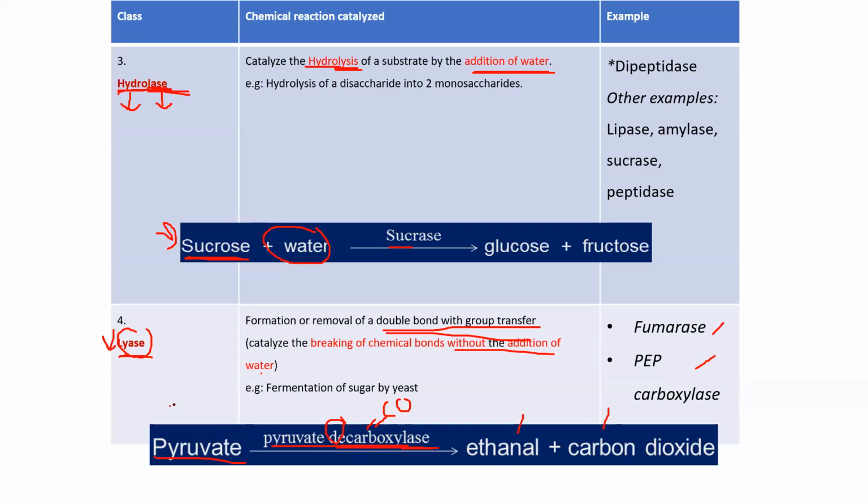Pyruvate is a 3-carbon compound. They break into a 2-carbon and a 1-carbon compound. So it breaks bonds without the addition of water ataupun melibatkan group transfer. Decarboxylase removes carbon from the molecule.